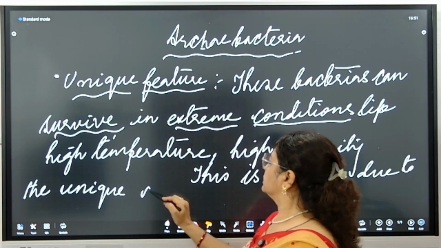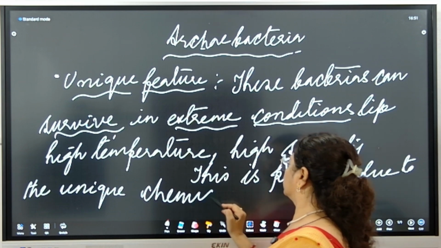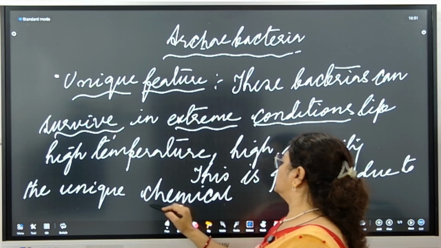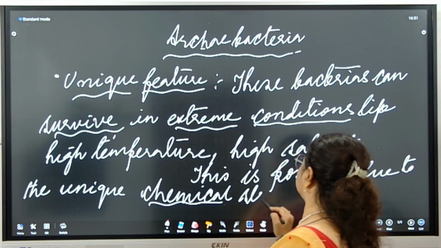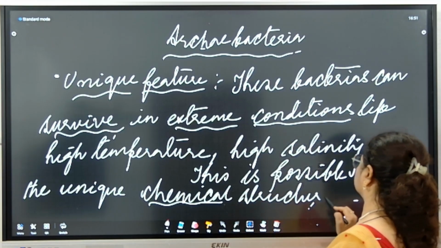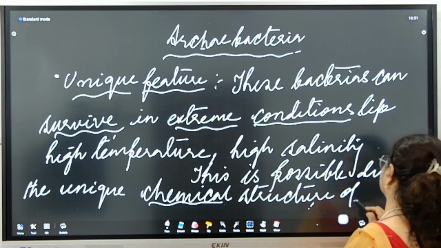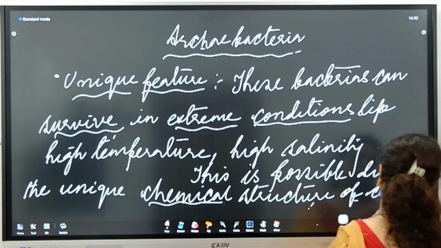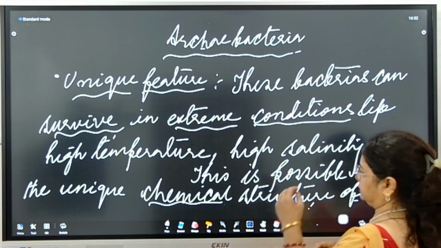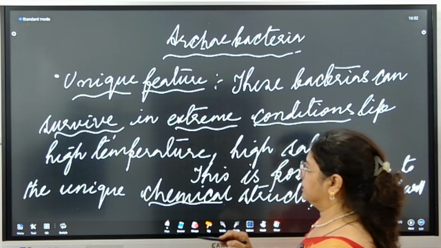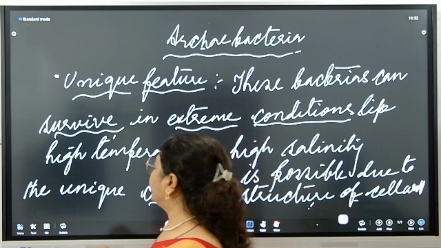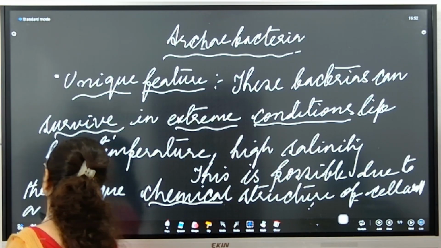Unique chemical structure of cell wall and, what I said, cell membrane.